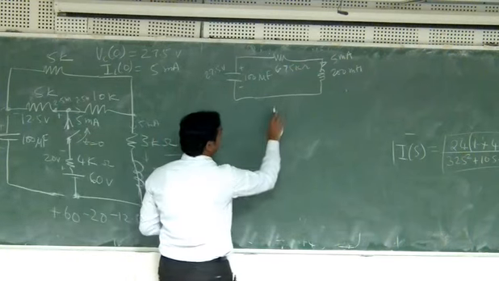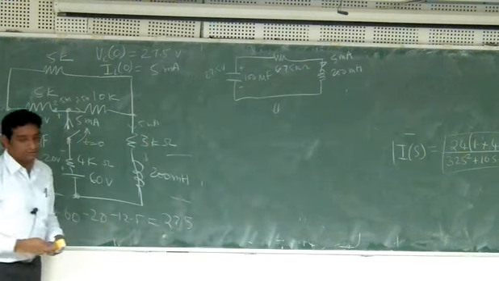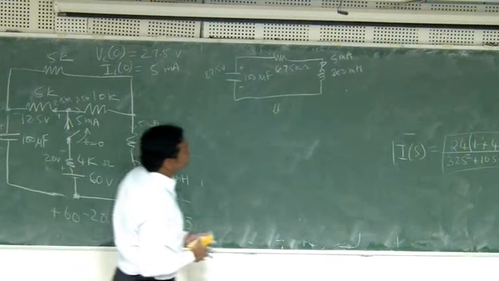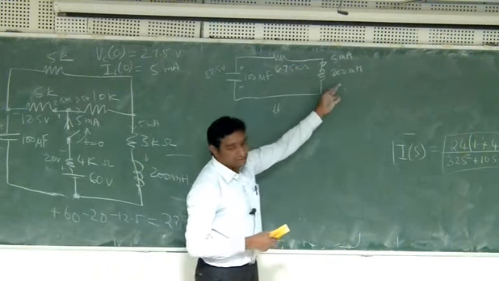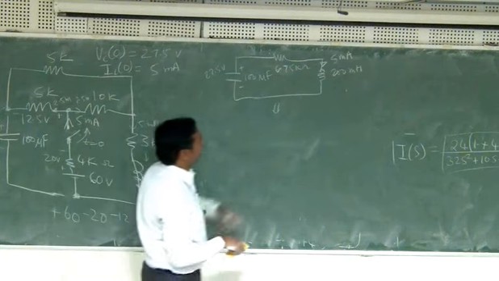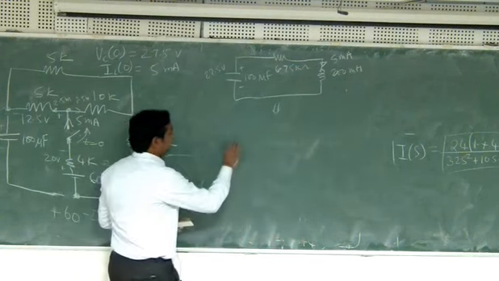If you convert this to the S domain, this is where the interesting point comes. We are interested in the voltage of the 200 millihenries. So I want to find what this voltage is.